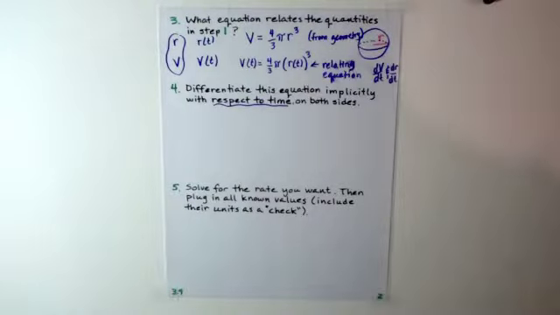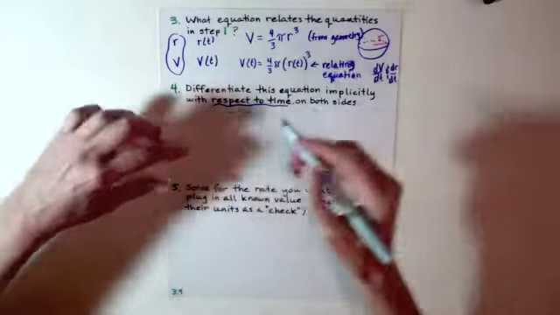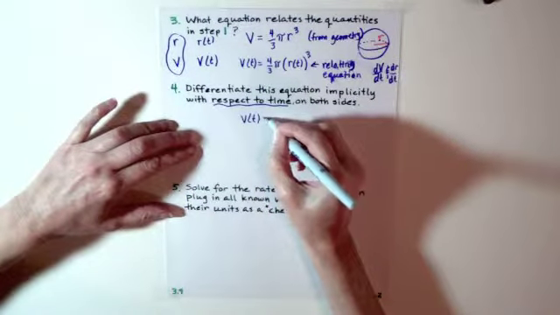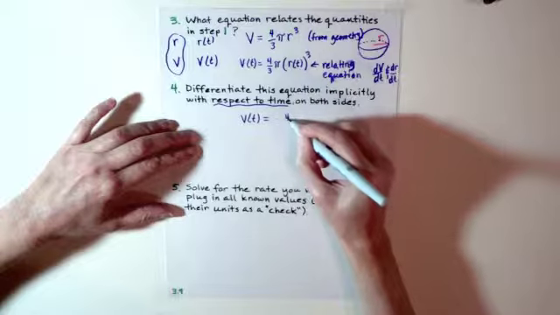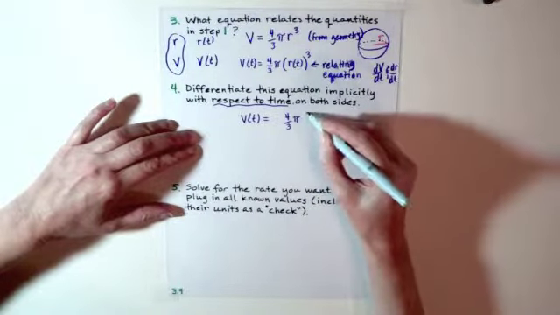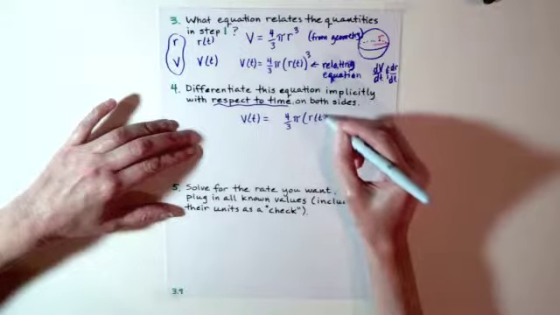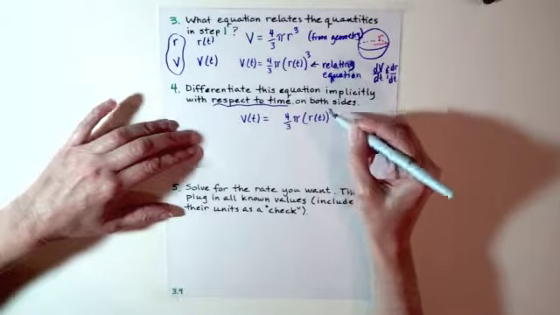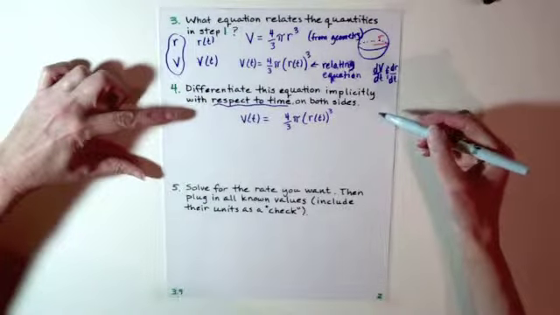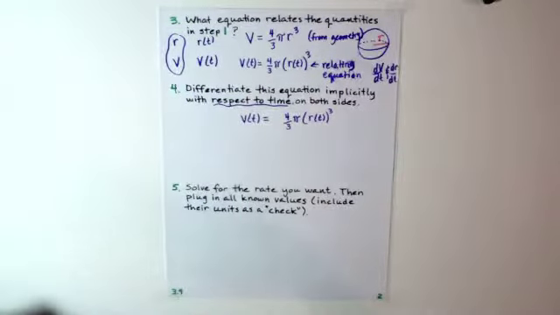So I'm going to go ahead and just rewrite the equation that I have up here. V of t is equal to, I'm giving myself a little bit of room here. You'll see why in a moment. 4/3 pi r of t to the third power. And so we're going to differentiate this implicitly with respect to time on both sides.